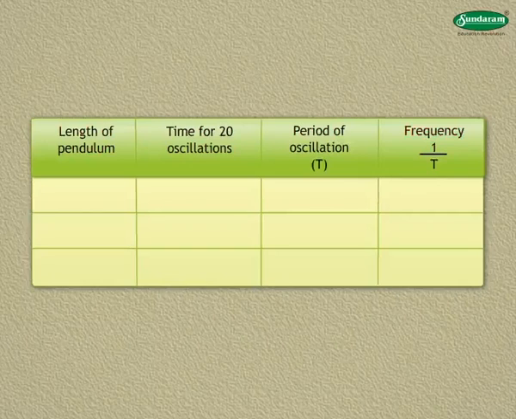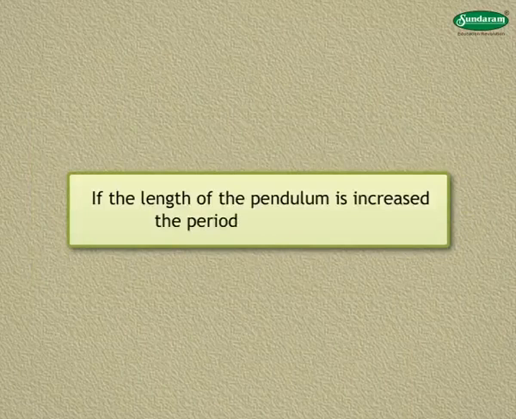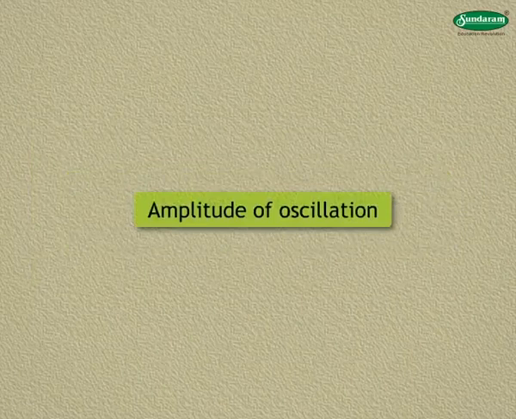After performing the experiment, it can be inferred that the period of oscillation T depends upon the length of the pendulum. If the length of the pendulum is increased, the period also increases. Let us now understand what is meant by amplitude of oscillation.